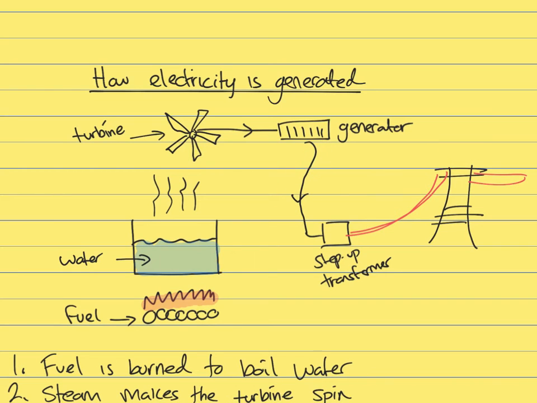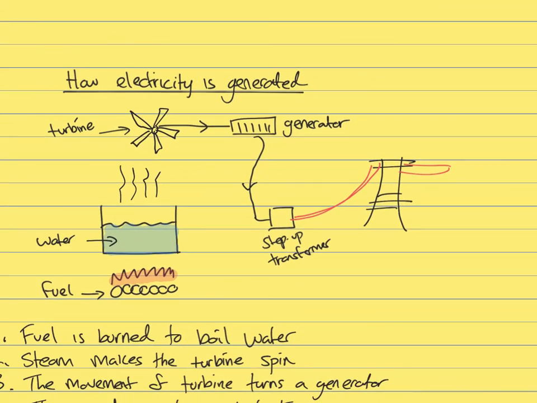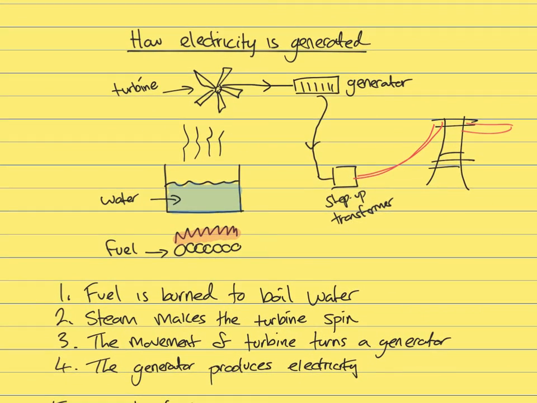And if you turn a magnet in a coil of wire, it produces a current, it produces electricity. So you can call it a generator. This is attached to a generator, which then goes to your step up. So this is your power station, and then your step up transformer is going to step that voltage up and then off to the national grid and so on.